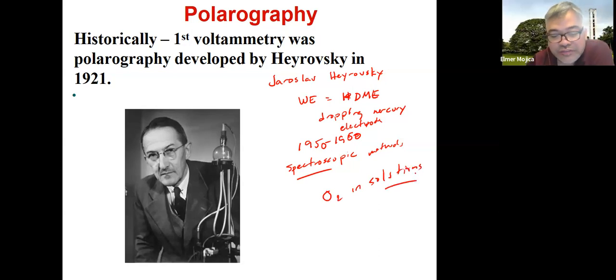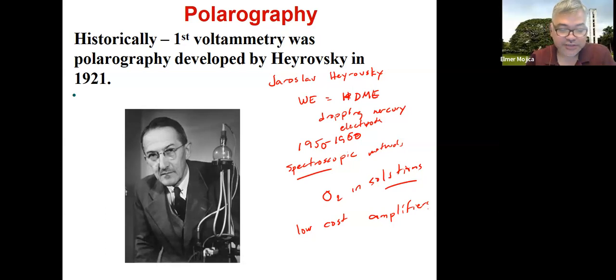Now, several modifications of this classical voltammetric technique were developed, which enhanced the sensitivity and selectivity. At about the same time, low-cost amplifiers made possible the development of relatively inexpensive instruments that incorporated many of these modifications.